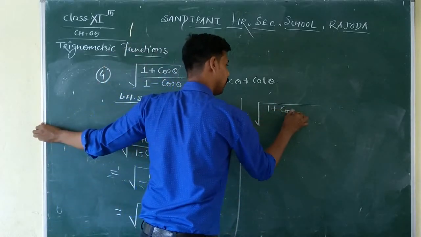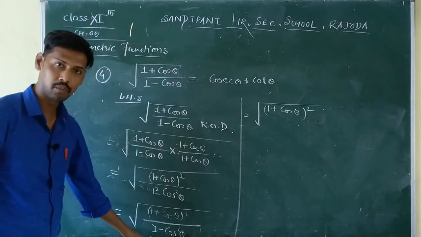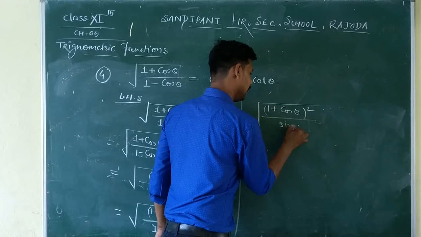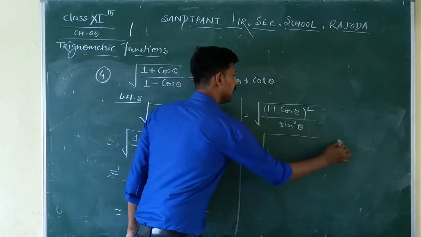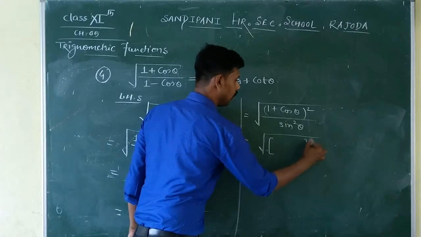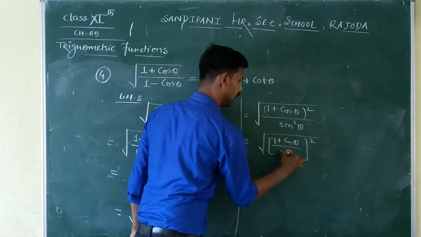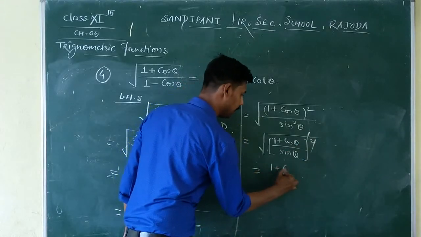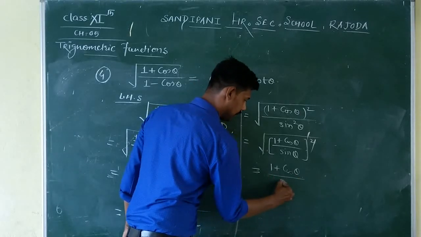The numerator stays in the same form, but in the denominator, 1 minus cos square theta will be equal to sin square theta. Numerator and denominator both are in square form, so we are taking the whole square: (1 plus cos theta) whole by sin theta. The square cancels out from the root, then we get (1 plus cos theta) by sin theta.